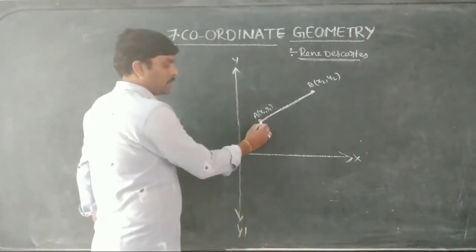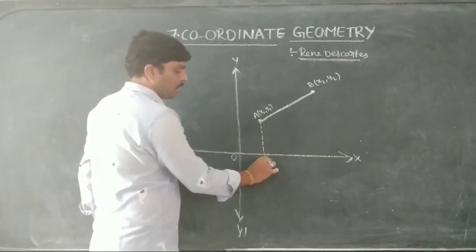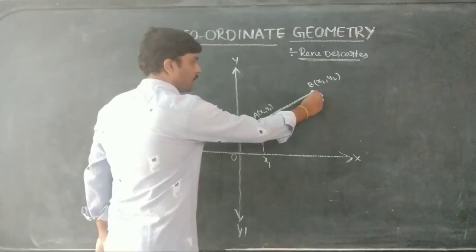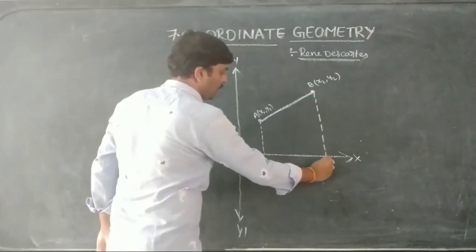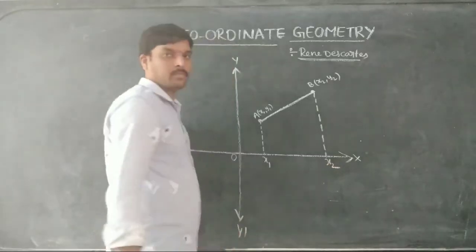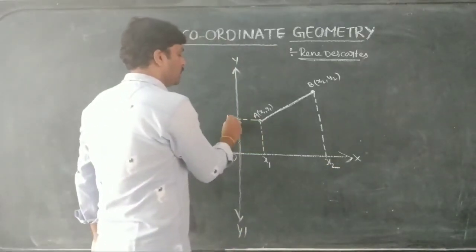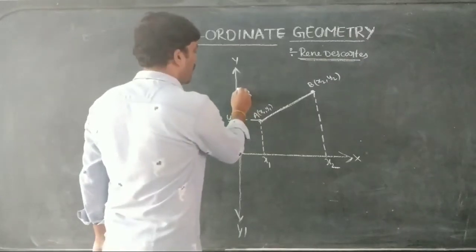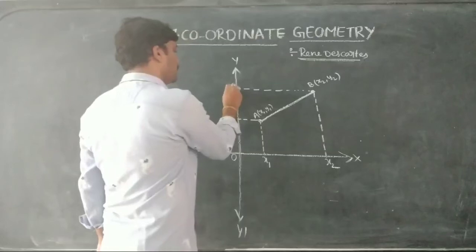We should draw the foot of the perpendicular. This is x1. From here to the x-axis, we draw the foot of the perpendicular. That is x2. Similarly, from the point to the y-axis, this is y1. From this point to the y-axis, this is y2.